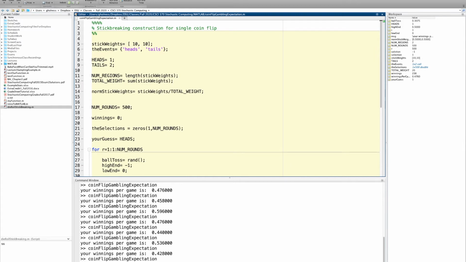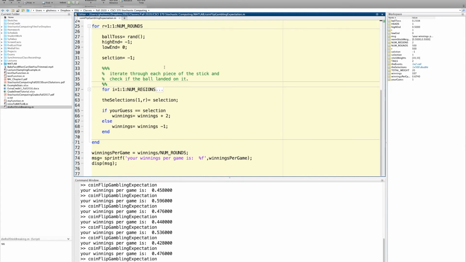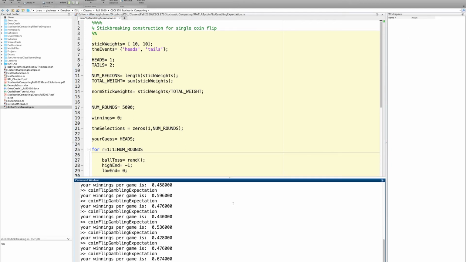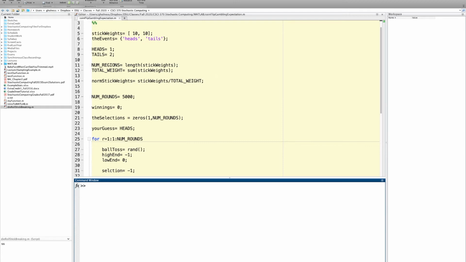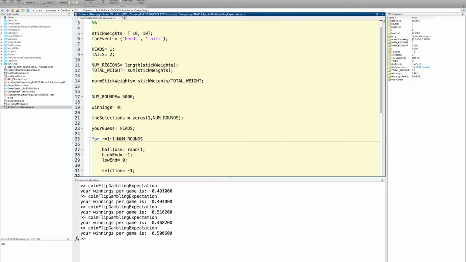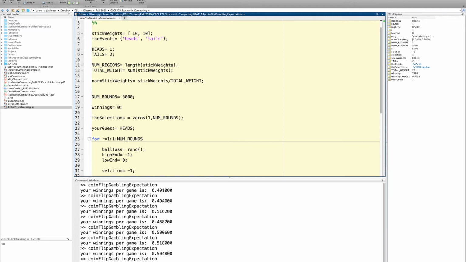Okay, interesting. So now let's try something like 5,000 games. That's quite a few games to play. But what we'll notice here is as we increase the number of rounds that we play this game, we see it's very close to 50. It's 50 plus or minus a very small amount.